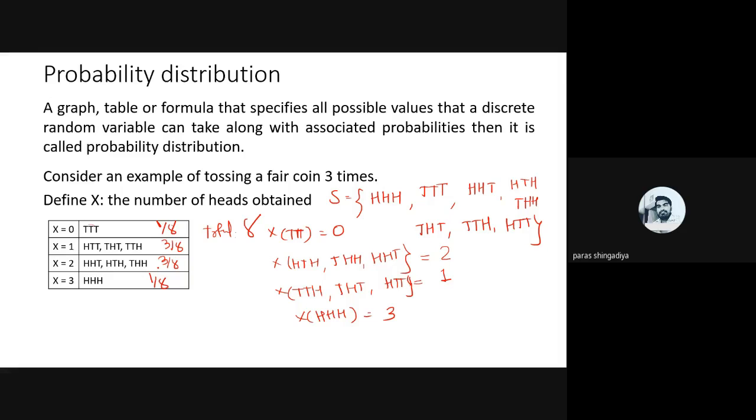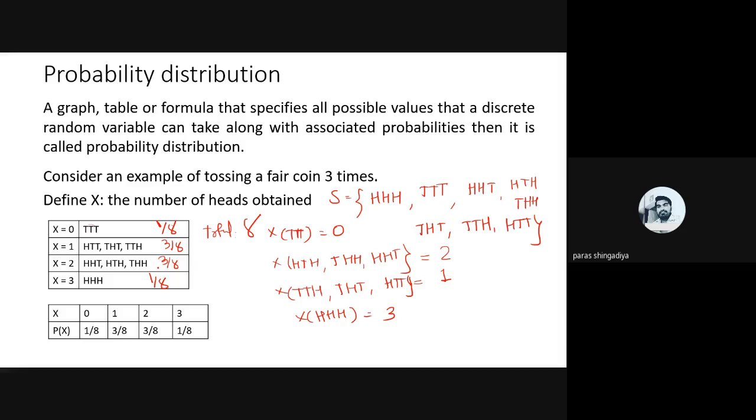Okay, so now we prepare a table. For x equal to 0, 1, 2, 3, 4 outcomes we have. Now in the next row there is the probability, denoted by p of x. P of x means probability for x. Clear? So at x equal to 0, what is its probability? That is 1 by 8. For x equal to 1, what is its probability? That is 3 by 8. For x equal to 2, the probability is also 3 by 8.